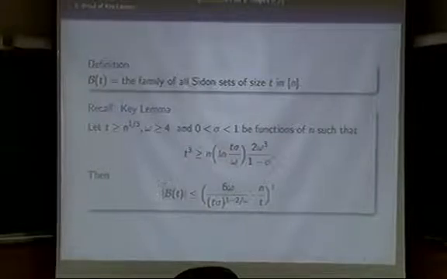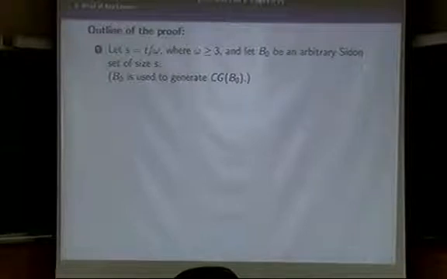So what we want to do is to prove the key lemma, which is to bound the cardinality of B of t, where B of t is the family of all Sidon sets of size t in the N set. Let's explain the outline of the proof.